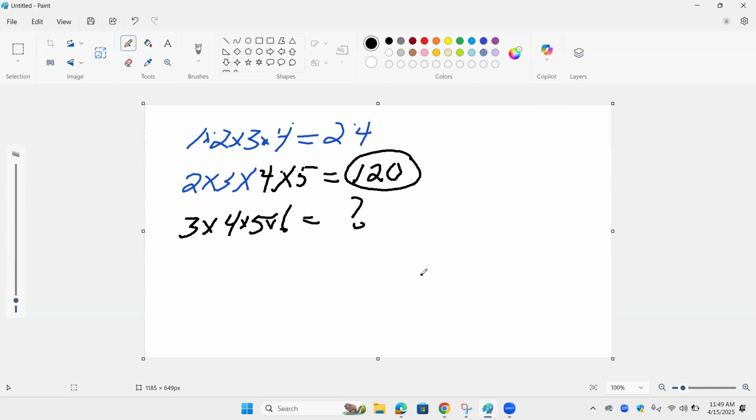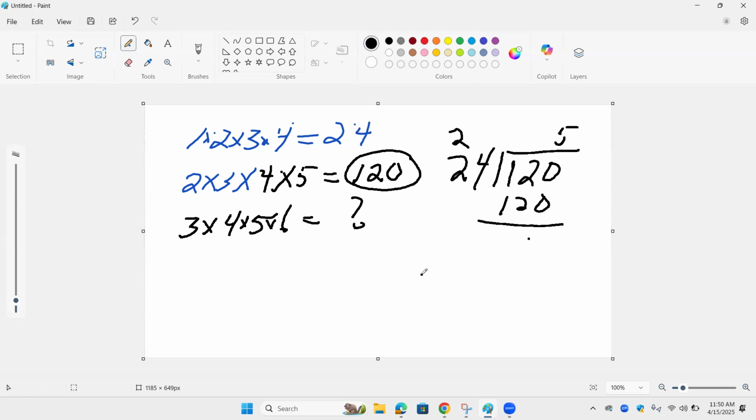So let's check. 120 divided by 24. Let's see if it goes evenly. Let's try 5. 5 times 4 is 20. 5 times 2 is 10, 11, 12. Yeah, so it does.